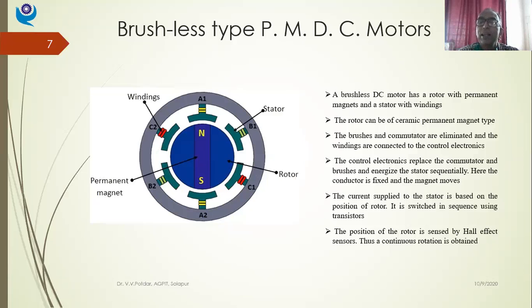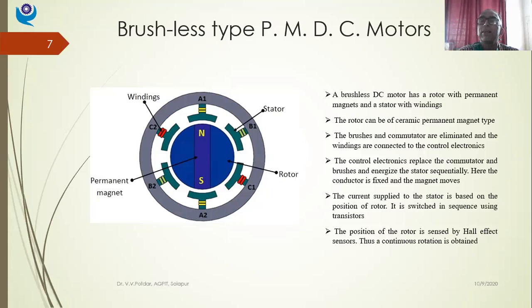So the control electronics replaces the commutator and brushes and energizes the stator sequentially. Here the conductor is fixed and the magnet moves, the rotor moves. The current supplied to the stator is based on the position of the rotor. It is switched in sequence using transistors.